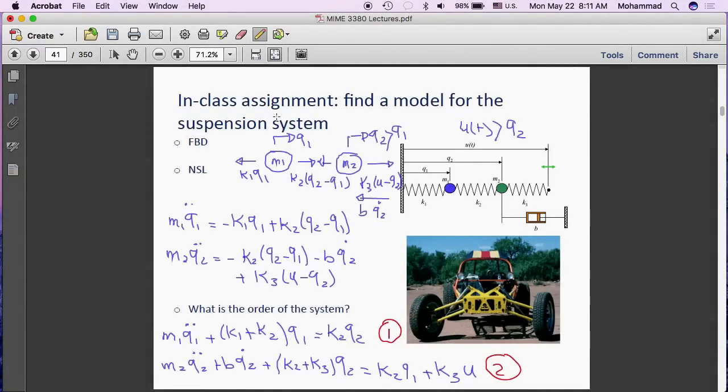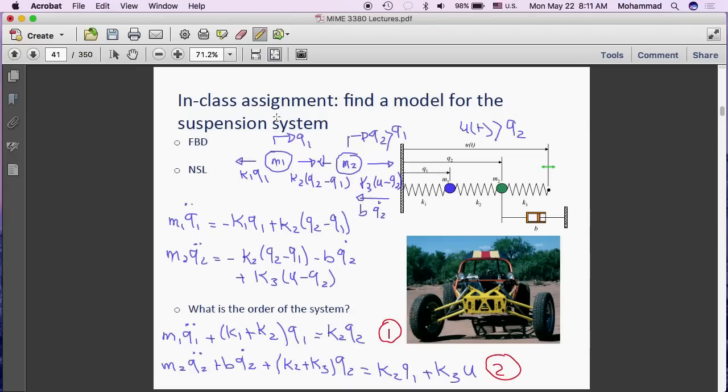The fact that we have Q1 double dot immediately tells you that Q1 dot is one of the state variables, and we already established that Q1 was also important because we needed to know the motion of that mass. So in other words, position and velocity of mass 1 are the two state variables coming from the first equation. How about the second equation?